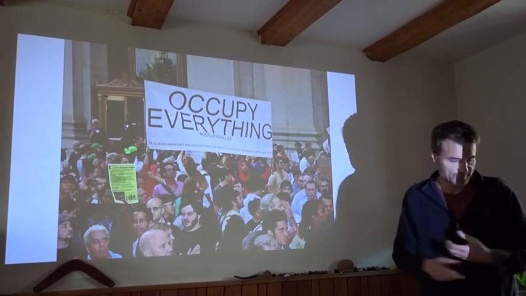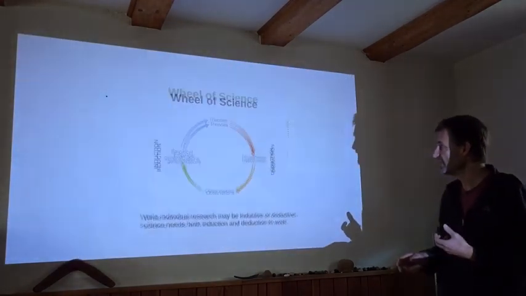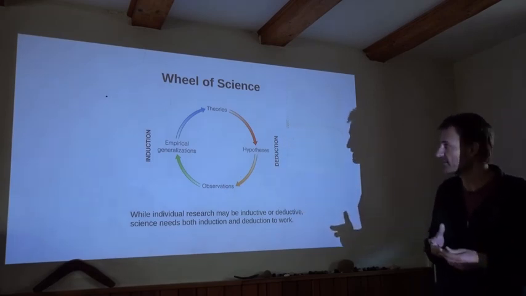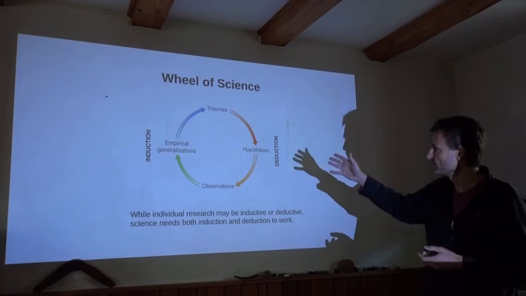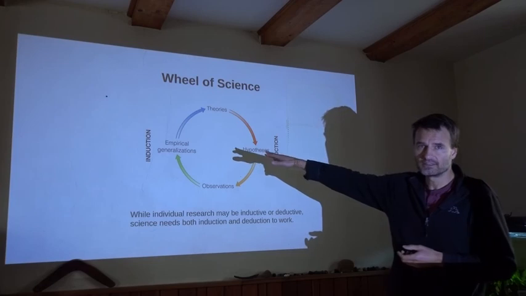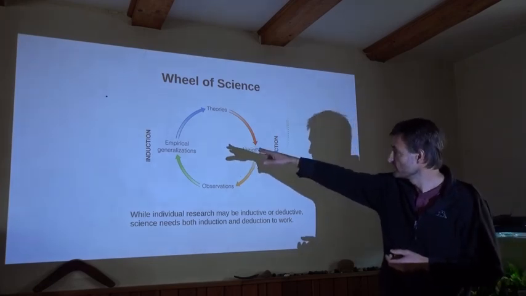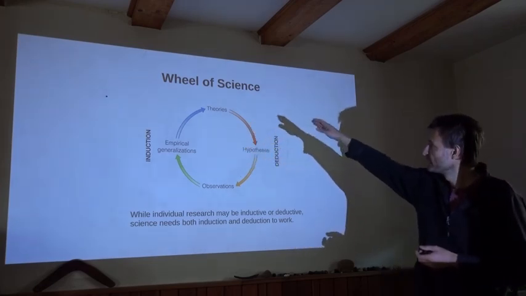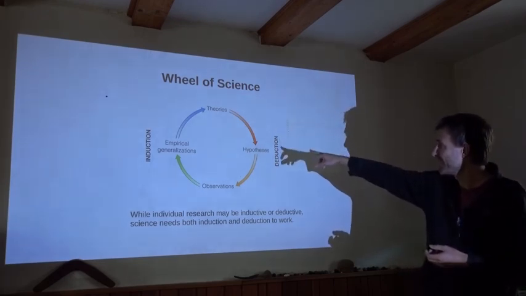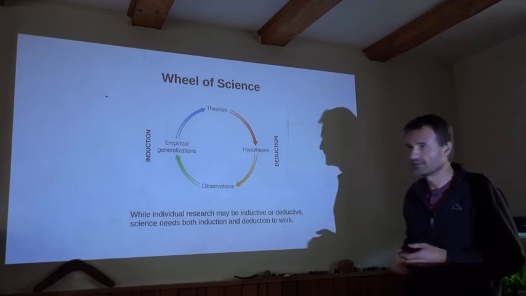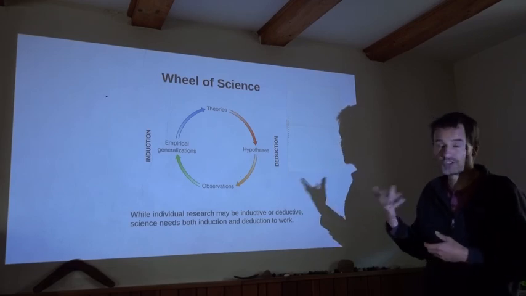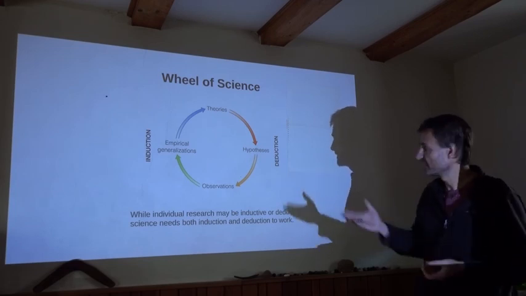So what I try to say is that in science and in social science as well, we do both. We do observations, we generalize these observations by induction to get theories, and from theories we use deduction, we create a hypothesis that we confirm or verify or reject or modify by observation.